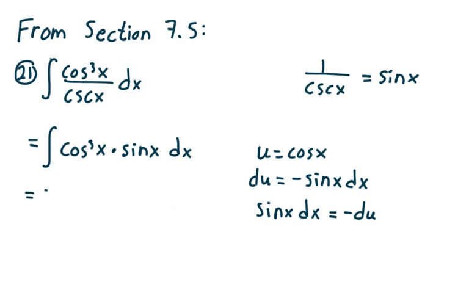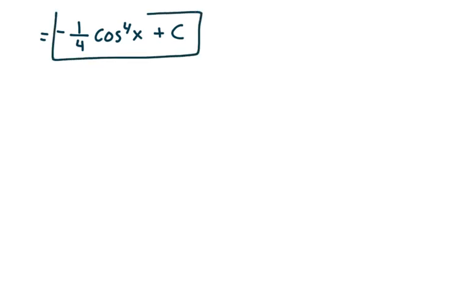And so this is negative the integral of u cubed du, which is negative 1/4 u to the 4th plus c. But remember, u is cosine of x. And so this is equal to negative 1/4 cosine to the 4th x plus c. And that's how we do problem number 21.